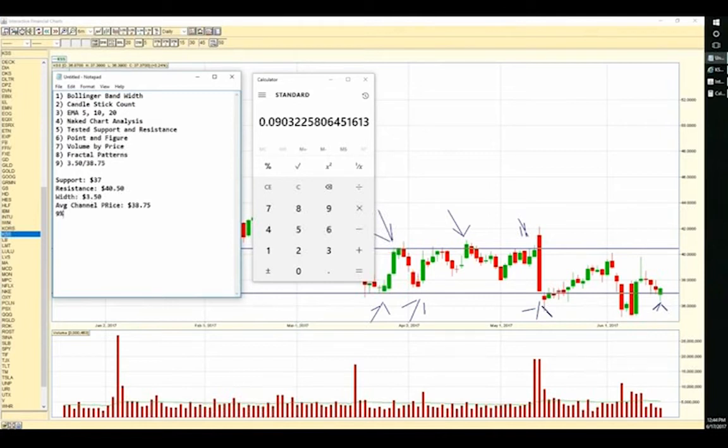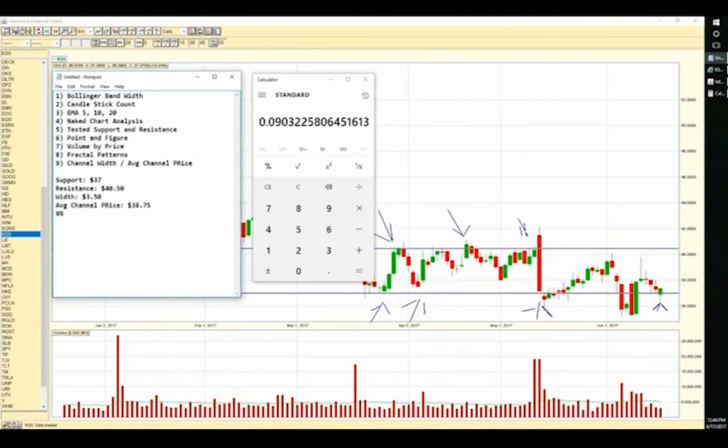So here's my rule of thumb for doing this strategy. I like it to be 10% or greater. 10 to 20% is the ideal channel width by channel price. So 10 to 20%, write that down in your notes.